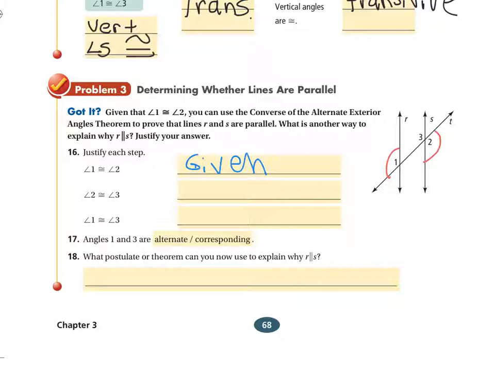Angle 2 is congruent to angle 3. Well, angles 2 and 3 are vertical, so I'm going to put one arc on angle 3. So vertical angles are congruent. And then angle 1 congruent to angle 3 goes along with our transitive again. Number 17, angles 1 and 3 are corresponding angles.